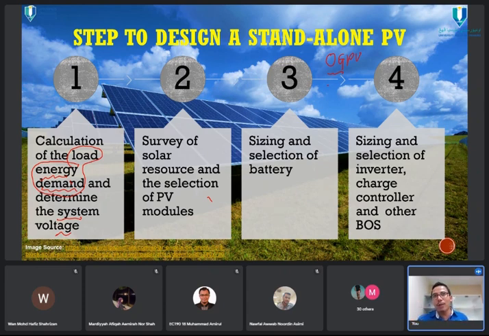For example, if you have a 100 Ah battery, I'm just saying roughly at a glance, and your battery is 12 volt, right? Even though it's written 100 Ah, you can't actually use the exact 100 Ah because we are bound by the depth of discharge.